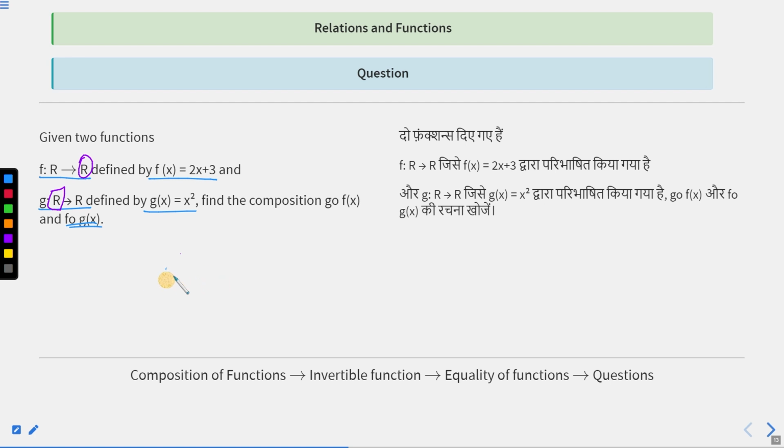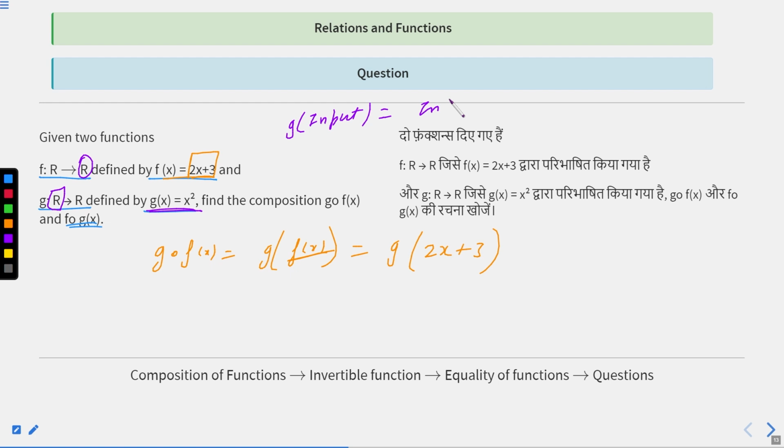Now let's find out g of f(x). What is f(x)? f(x) is 2x plus 3. Now g(x) means g of input is equal to input whole squared. So from this, g of input will be input whole squared.